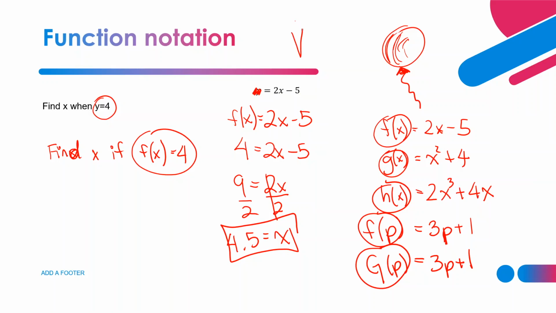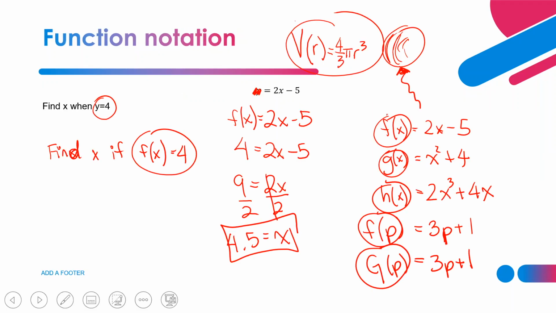So my function notation would be v of r, because it would be volume as a function of the radius, and then probably it'll be something like 4/3 pi r cubed or something like that. I can't remember my volume of a sphere equation, but I would certainly have v and r in my expression instead of f of x. But it means the exact same thing as f of x. It's just a way for us to be a little more specific in describing what the input and output is.